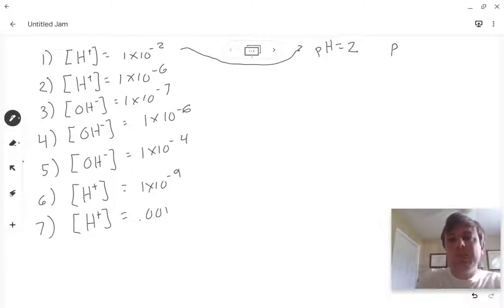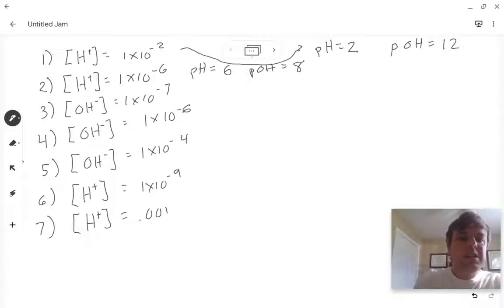And then for the pOH, well, what plus 2 is 14? 12. For number 2, our pH is going to be negative 6 or just 6. So our pOH is 8 because 6 plus 8 is 14.